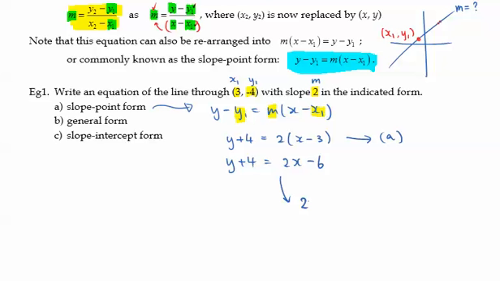Let me keep the 2x on the right hand side, and by bringing the y to the other side, it becomes a minus y, and then minus 10. This would then be the general form. Starting with the 2x minus 6 on the right hand side, if I see a positive y on the left hand side, bring it to the other side, put it in between the x and the constant term. The plus 4 on the left hand side, combine it with the minus 6, that will give us minus 10. So this will be the equation in general form.